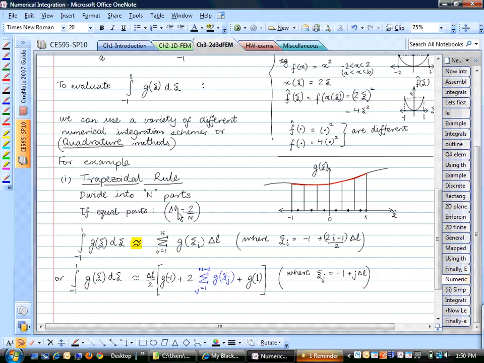So that's your small delta L right here. And the way the trapezoidal rule works is you go to the middle point of each of those trapezoids and calculate the area by using the value of the function at this middle point multiplied by delta L, and you sum all of them up. So that's your trapezoidal rule.